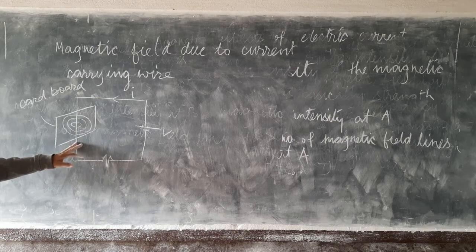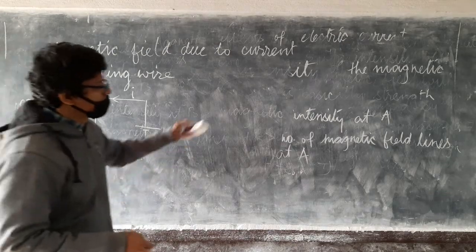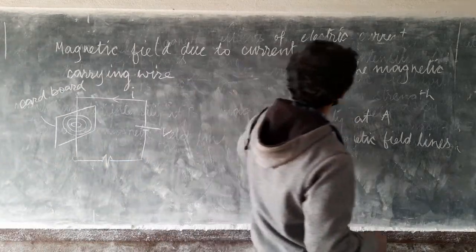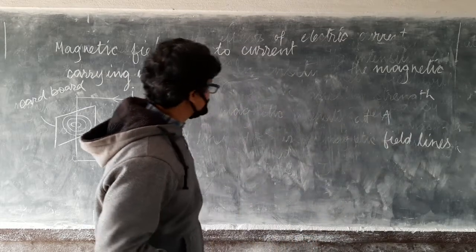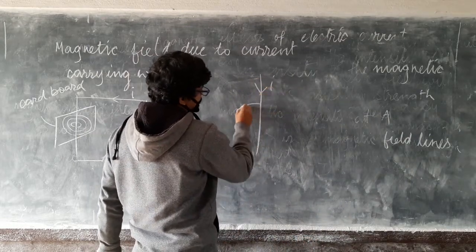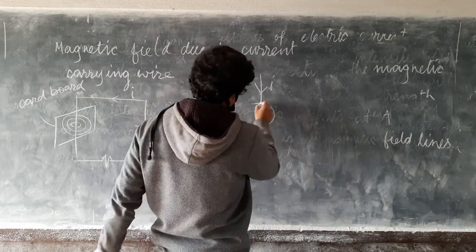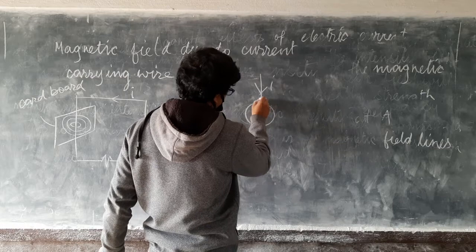That means you can see that the magnetic field around the current carrying wire will be in this way. If this is the direction of current around the current carrying wire, this is the magnetic field line.